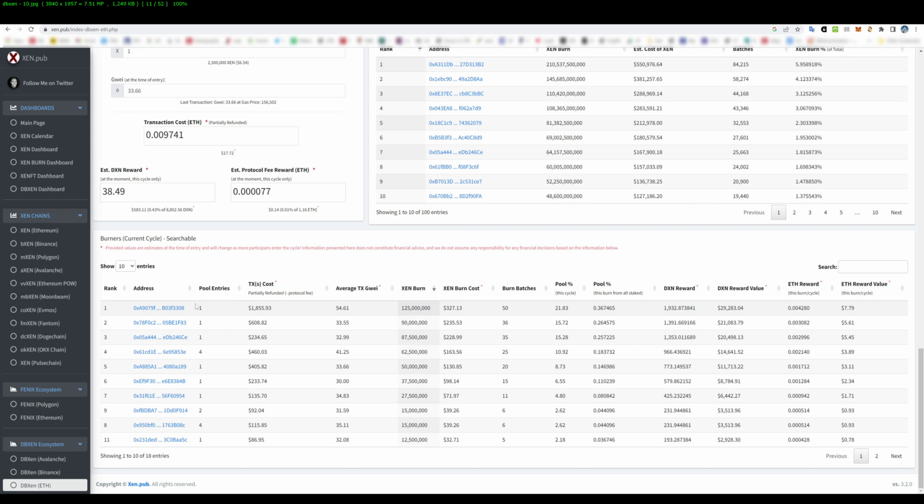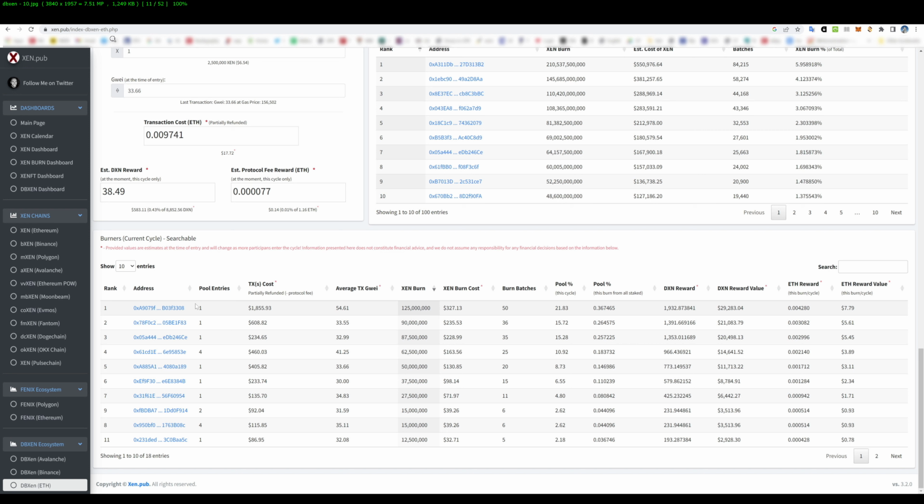Now we have to do the burn the cost-effective way, the third way to burn: not from DbXen, not through Zen.network, but through the DbXen contract itself.